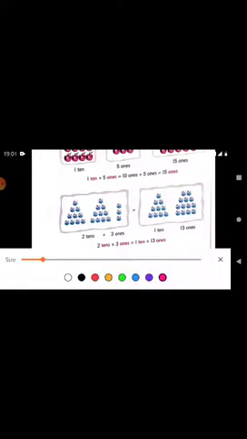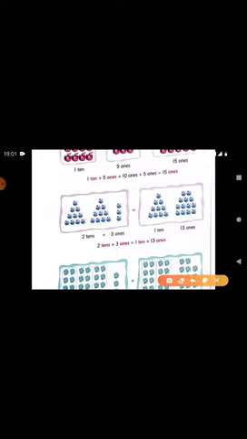So here we can regroup 2 tens as 1 ten plus 1 ten. So 1 ten plus 1 ten plus 3 ones. One ten remains the same, and we regroup the other 1 ten and 3 ones, so it becomes 13 ones. So 2 tens plus 3 ones can be written as 1 ten plus 1 ten plus 3 ones.